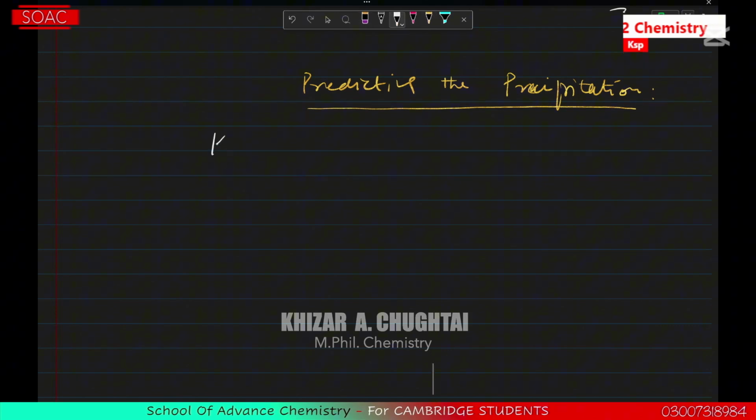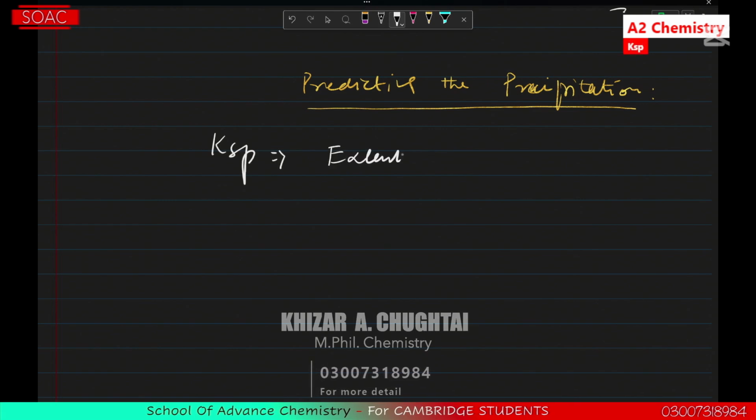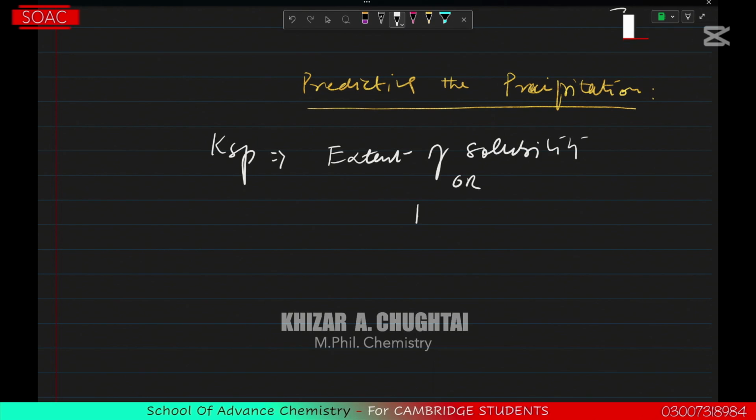The value of Ksp tells us the extent of solubility, or you can say the formation of precipitate.